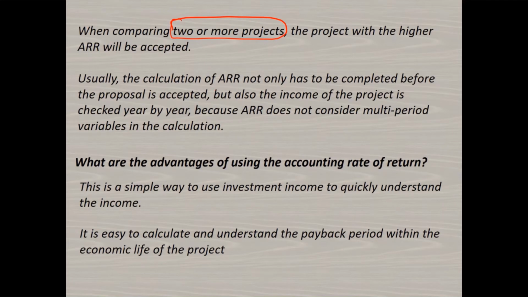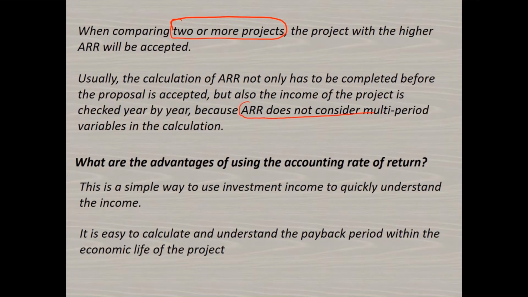All right, there's one thing to remember: the calculation of ARR not only has to be completed before the proposal is accepted, but also the income of the project is checked year by year, because the ARR does not consider multi-period variables in the calculation. So this is very important.